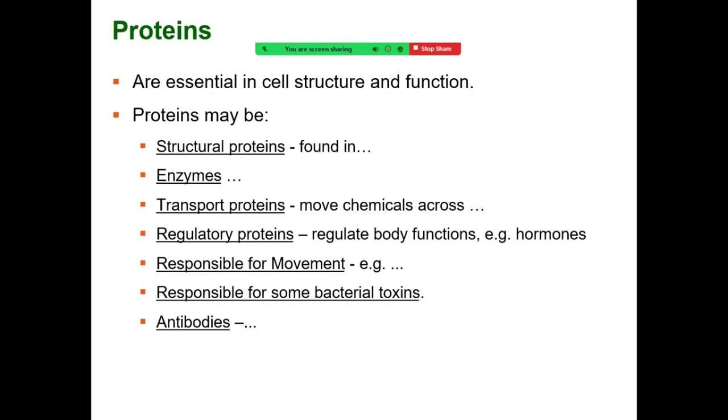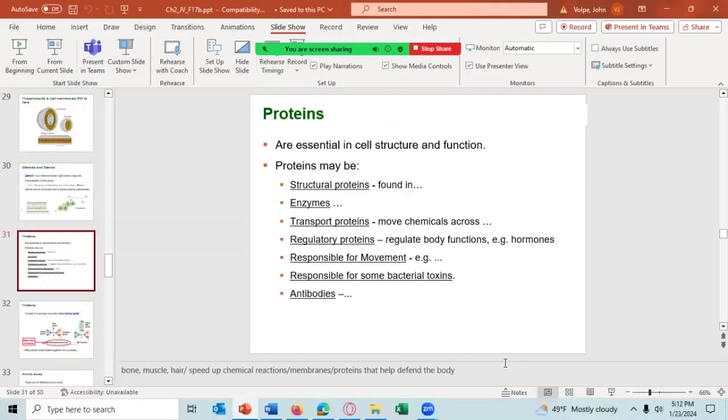Proteins are essential in the cell structure and function of both a cell and an organism. Proteins differ. They may be structural proteins found in bone, muscle, or hair. They may be enzymes which speed up chemical reactions. They may be transport proteins that move chemicals across the cell membrane or across an organelle membrane.